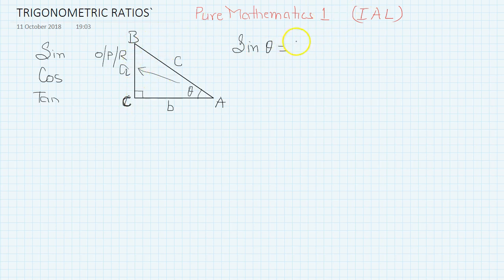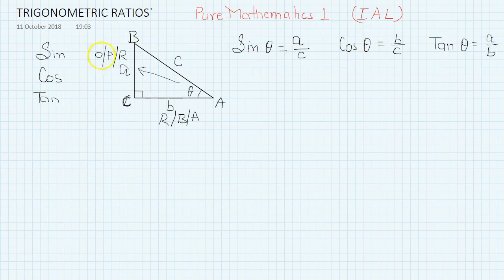So sine theta is equal to A over hypotenuse C. Cos theta will be, this you call adjacent, you can call base, you can call run. So that will be B over C. And tan theta is equal to A over B.